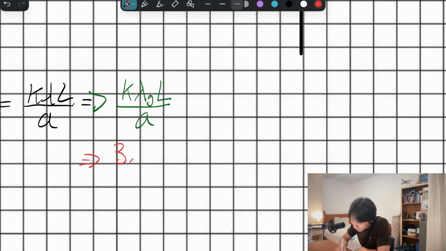So 3 times lambda red, just call that lambda r, times L all over A.